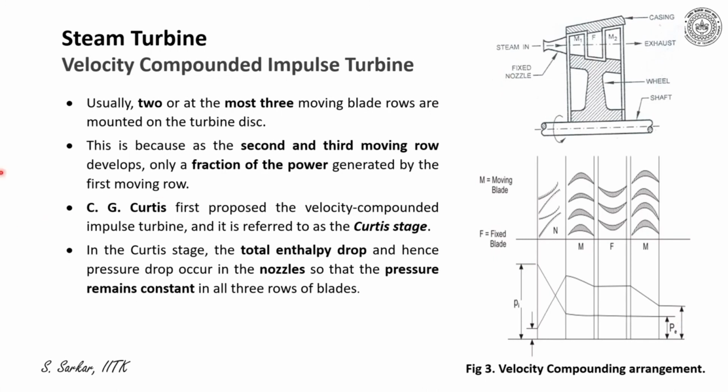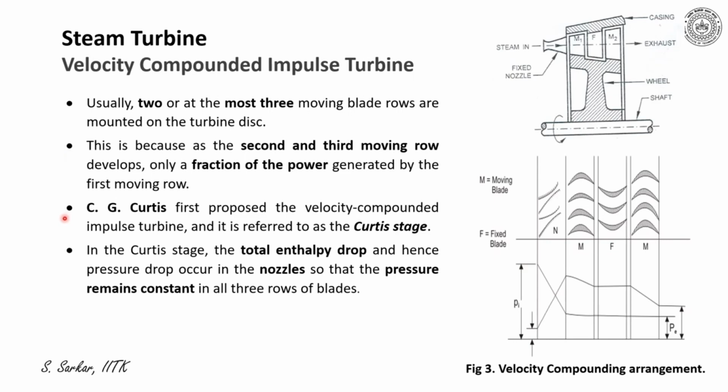So please note that, as I have indicated, we generally do not use more than 2 or 3 moving blades. This is because the second or third moving row develops only a fraction of the power generated by the first moving row of blades.